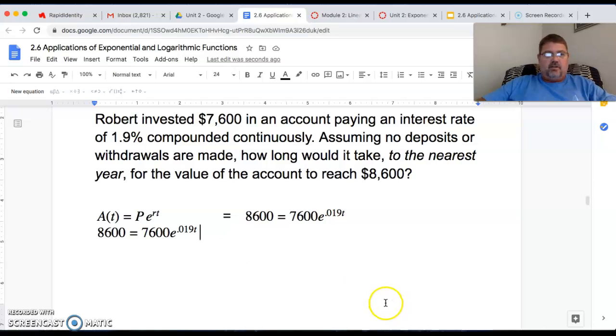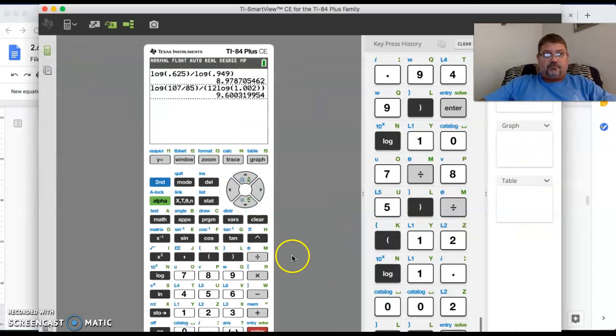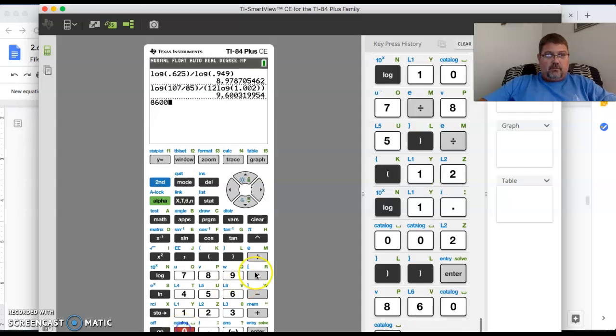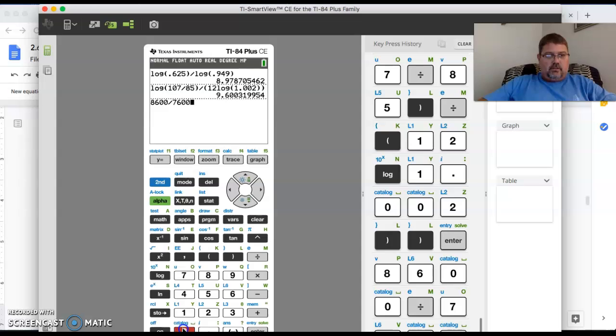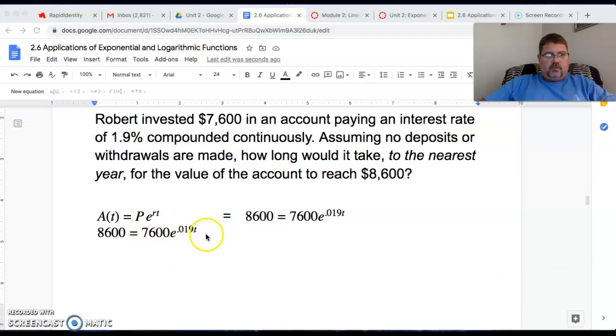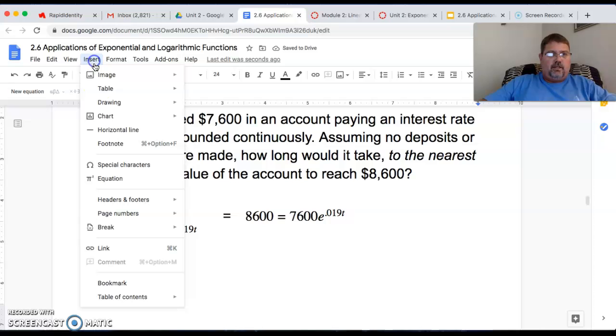Okay, so what I want to do is divide both sides by 7600. So I'll tell you what I'm going to do. I'm going to take the 8600. I'm going to divide it by 7600. And hopefully it'll give me a decimal. That's not too great, is it? So we'll call this 1.1312. So that's what we'll call it, just for the sake of not having to use that fraction formatter over and over again.